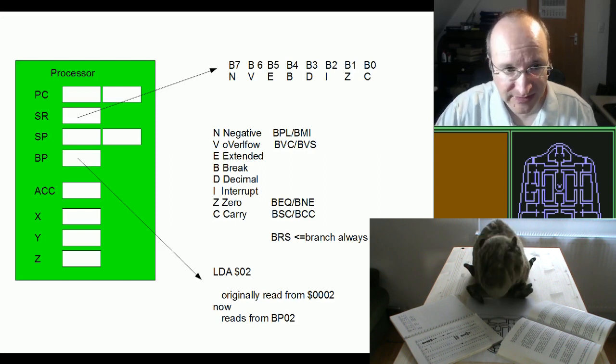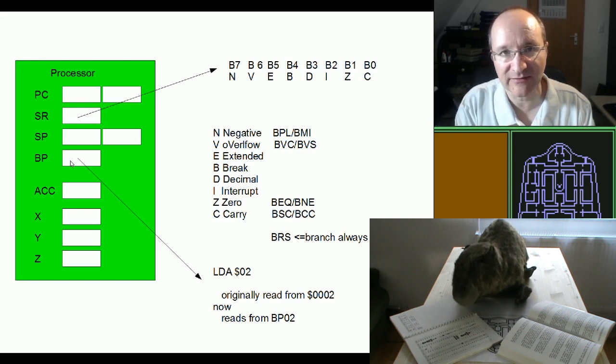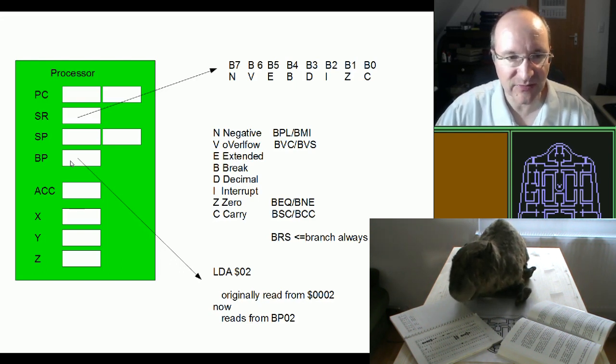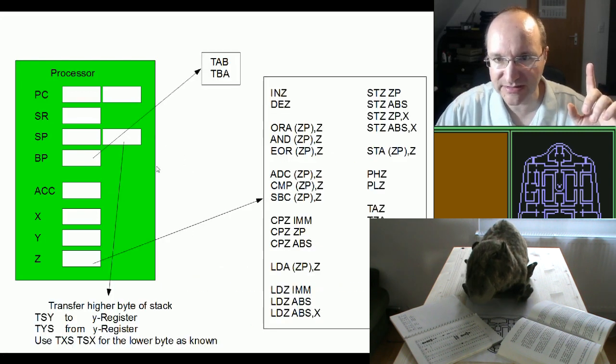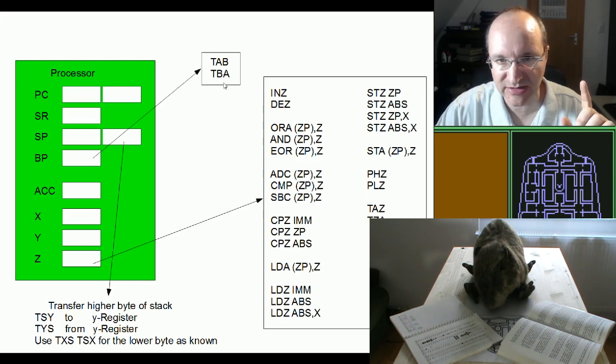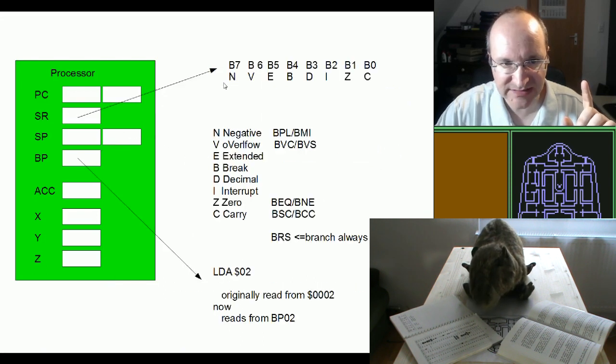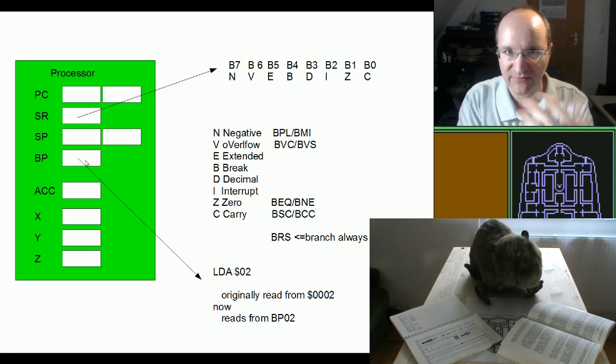But now by using this base page, you can enter here the higher level of your 0 page. So if you enter here 0, 0, and remember, you enter it by copying it from the accumulator or copying it to the accumulator, so by entering here a 0, 0, you would have exactly the behavior as before.